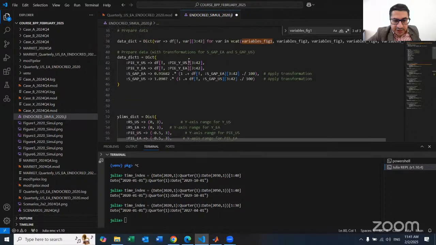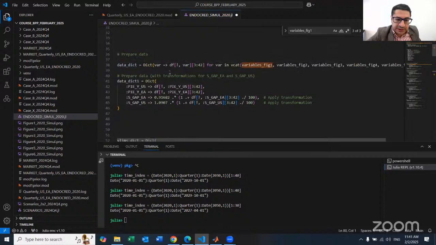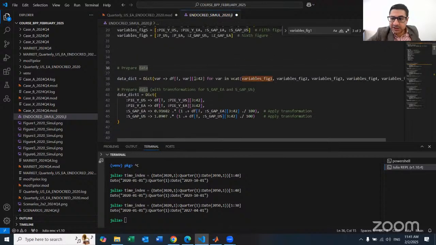As you can see here, using this dict command, we put in the data dict all the variables from 3 to 42, which is consistent with our initial condition, because we have an additional 3 points for each variable, since the longest lag of a state variable goes to -3. So 3 is the initial condition.